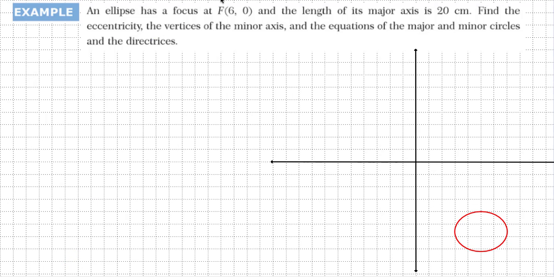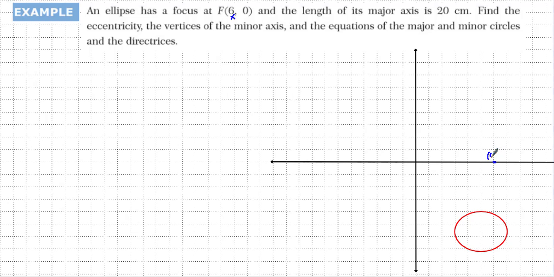An ellipse has a focus at (6, 0). I'm going to find the point (6, 0): 1, 2, 3, 4, 5, and 6. Since the x value is equal to 6, this is the point we need to find.